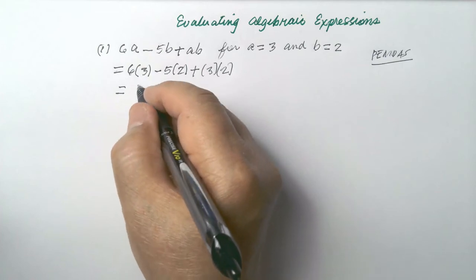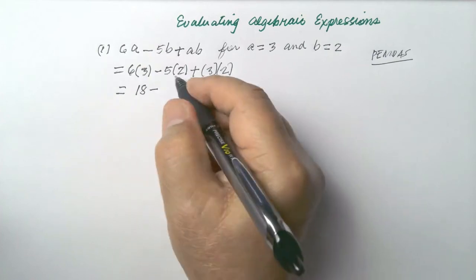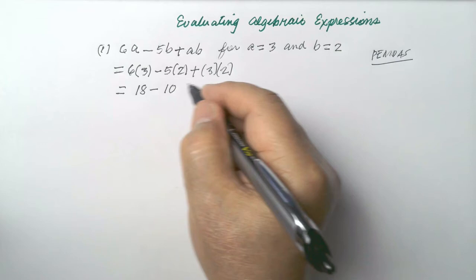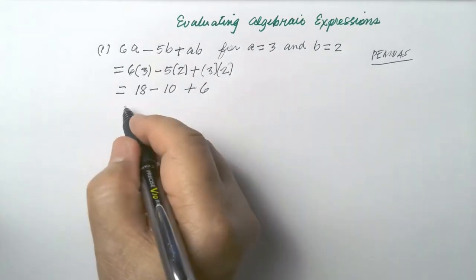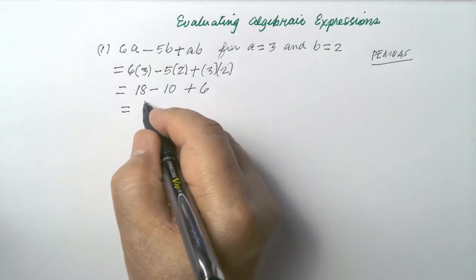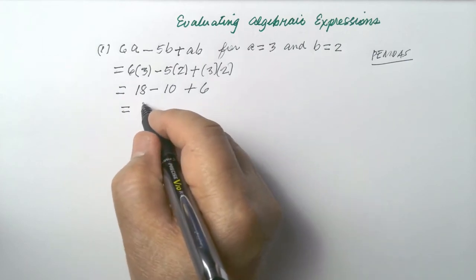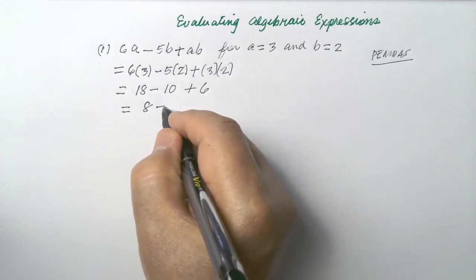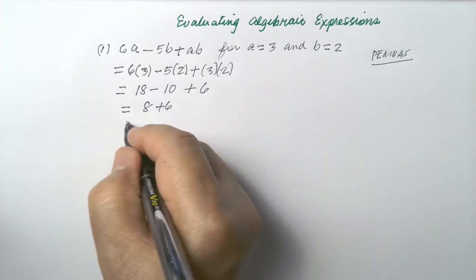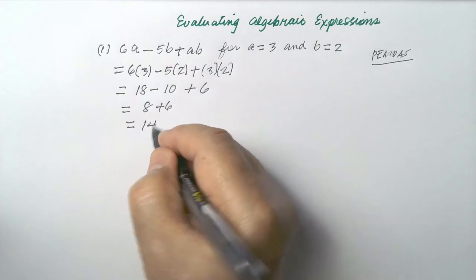So 6 times 3, 18. 5 times 2, 10. Plus 3 times 2, 6. Then subtract 10 from 18. So 18 minus 10, 8 plus 6. 8 plus 6 is 14.